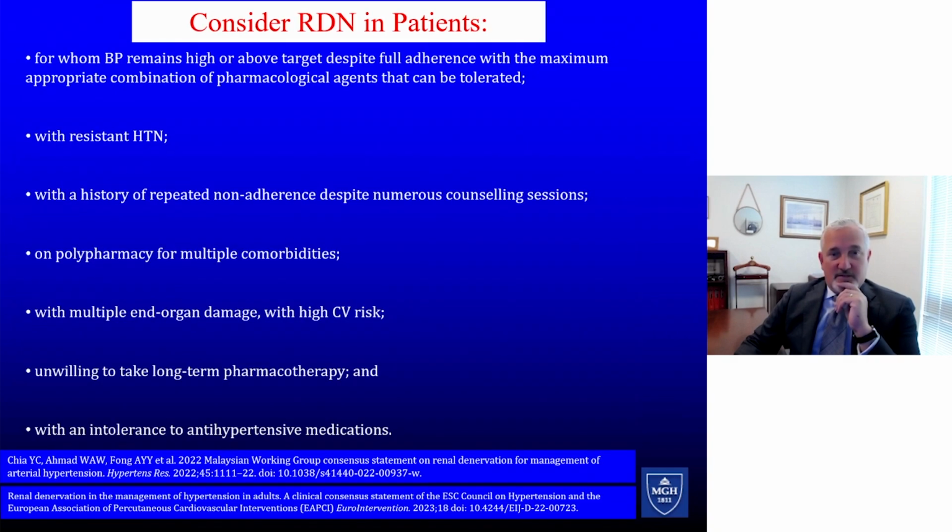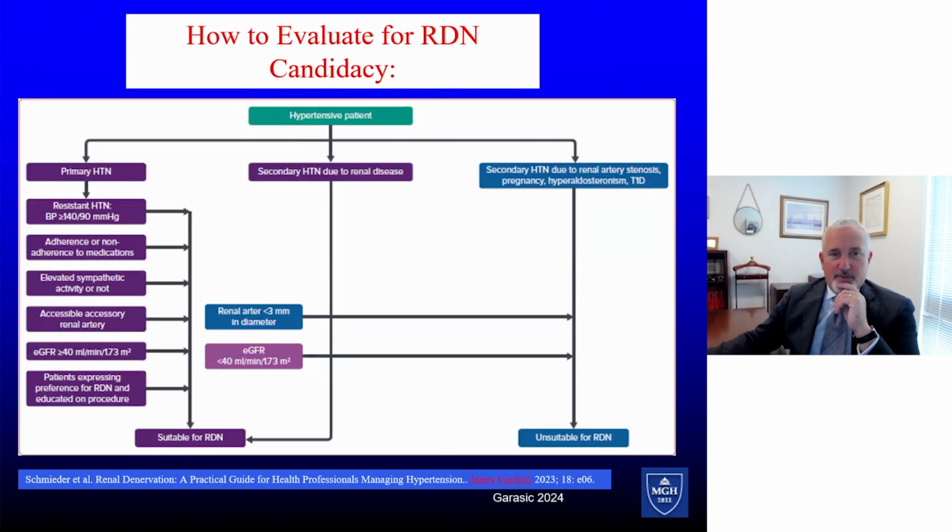Who do you consider this in? Those who are on multiple medications, who are still refractory, those with med intolerances, those who have end organ damage and high cardiovascular risk, and have difficult to control high blood pressure. This is how it's done, and it's kind of straightforward, which is basically if you have a secondary cause of hypertension, you go that route first.